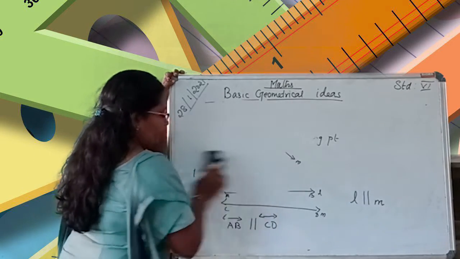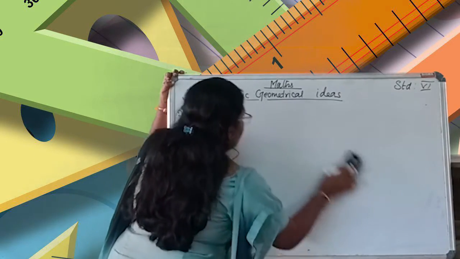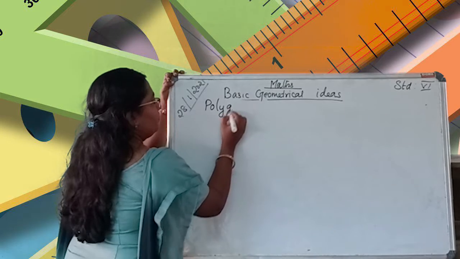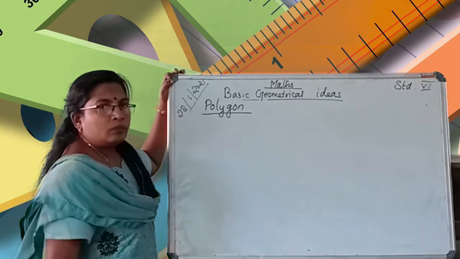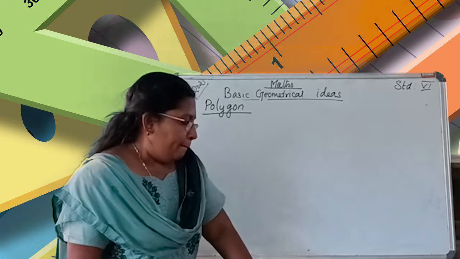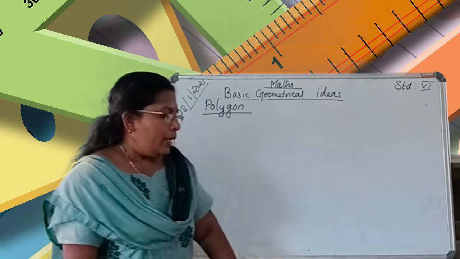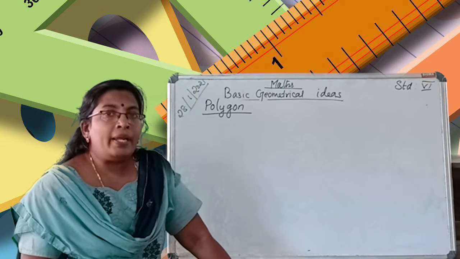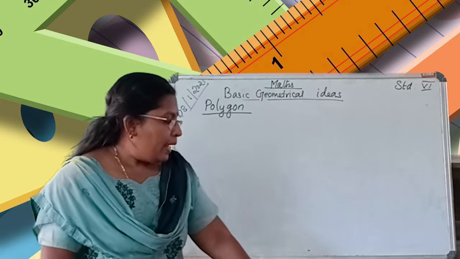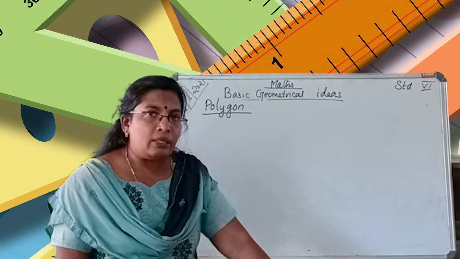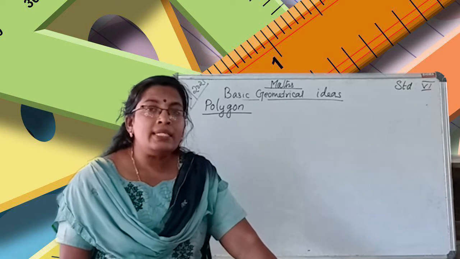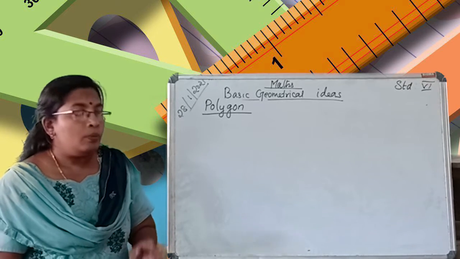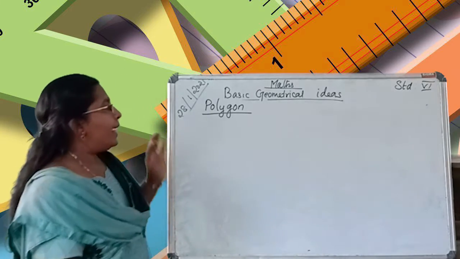Polygon. A polygon is a simple closed figure made by line segments. That is, a polygon is a simple closed curve made up of line segments. You know line segment.